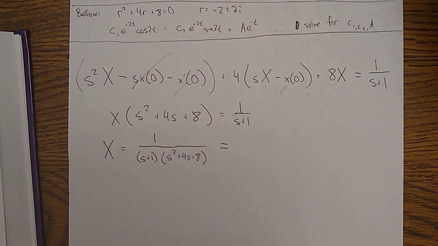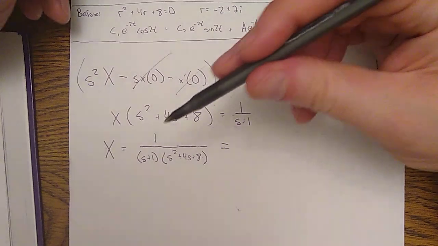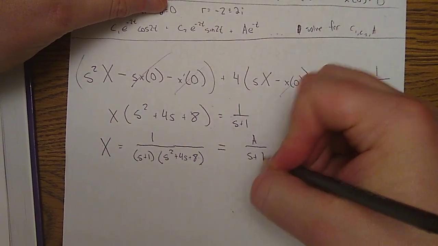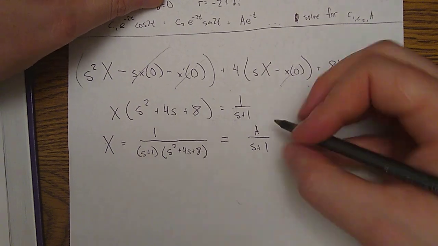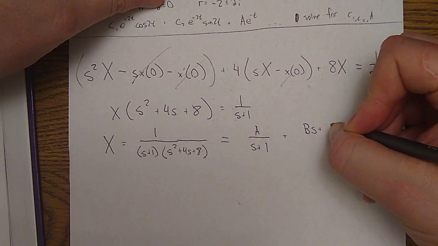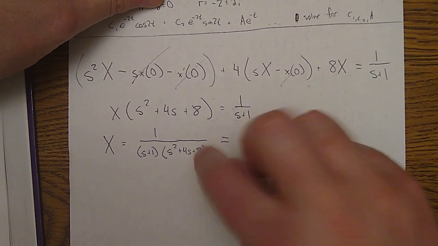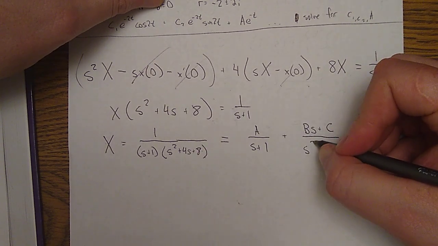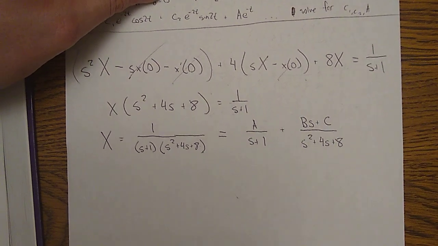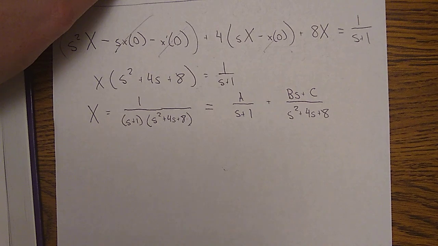This is an irreducible quadratic, and sometimes that does happen in partial fractions. So what do we do? Probably everybody knows what to do with the first factor, and probably everybody knows what to do with the second factor as well. It's just maybe not quite as memorable.